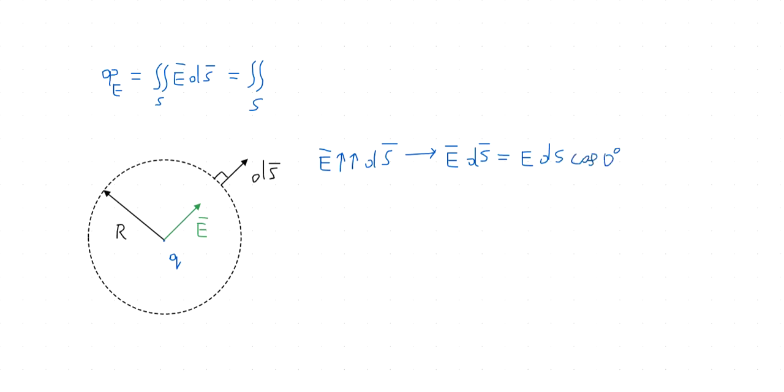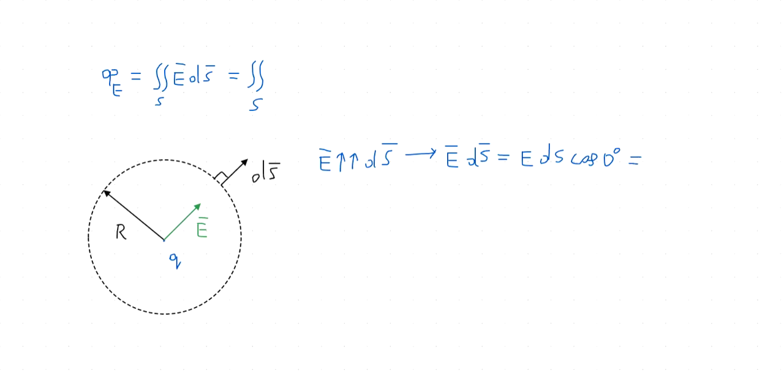Why 0? Because the vectors have the same direction. If vectors have the same direction, the angle between them is equal to 0. And cosine of 0 is equal to 1.